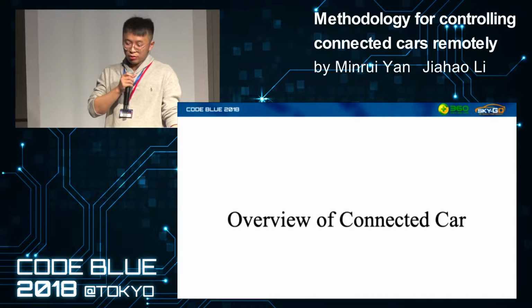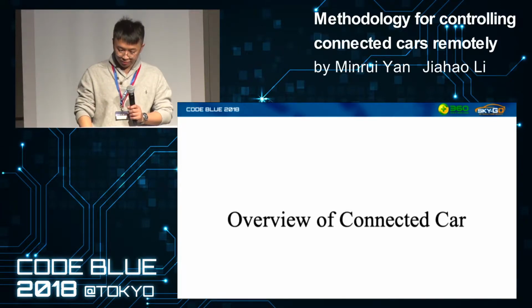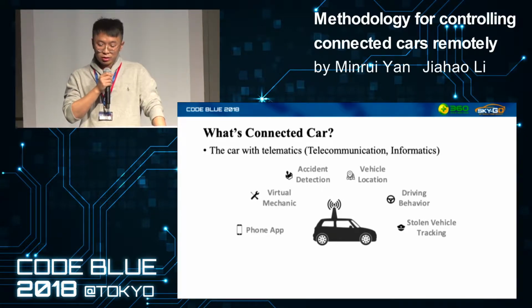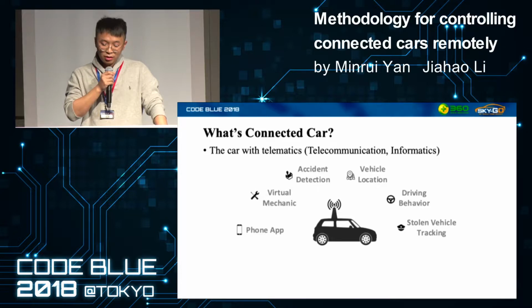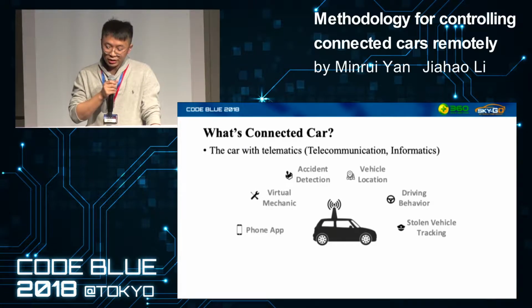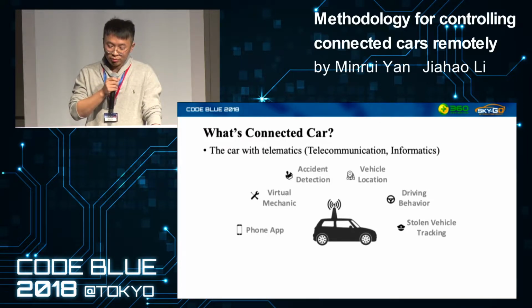Okay, let's have a look at what is a connected vehicle. In short, it covers telematics. So what is telematics? Telematics is a term that combines the words telecommunications and informatics. It has a lot of functions.